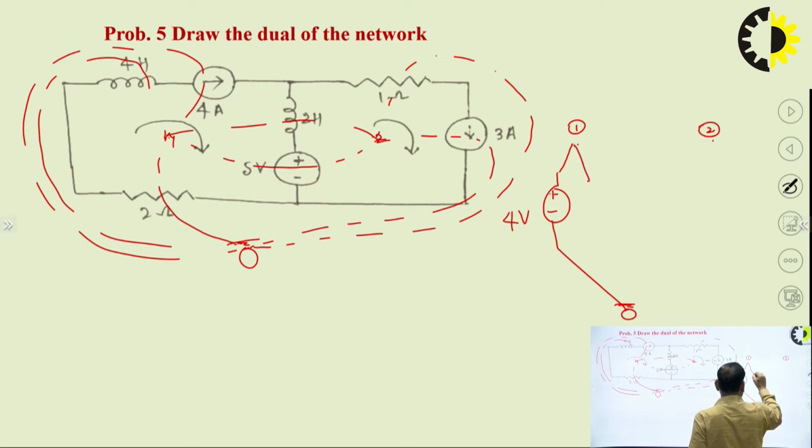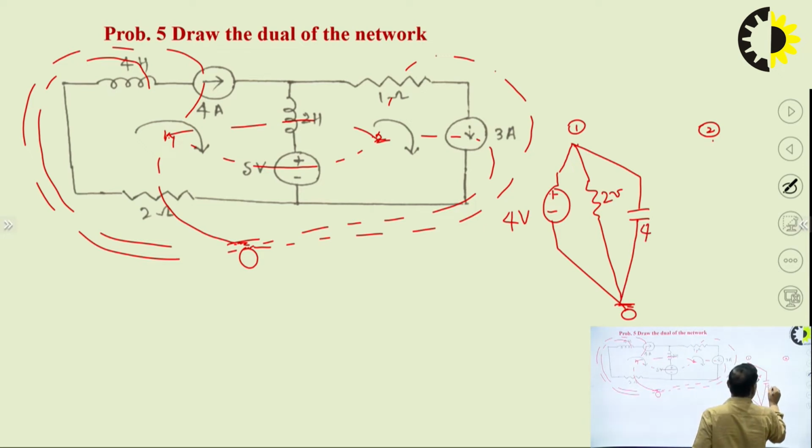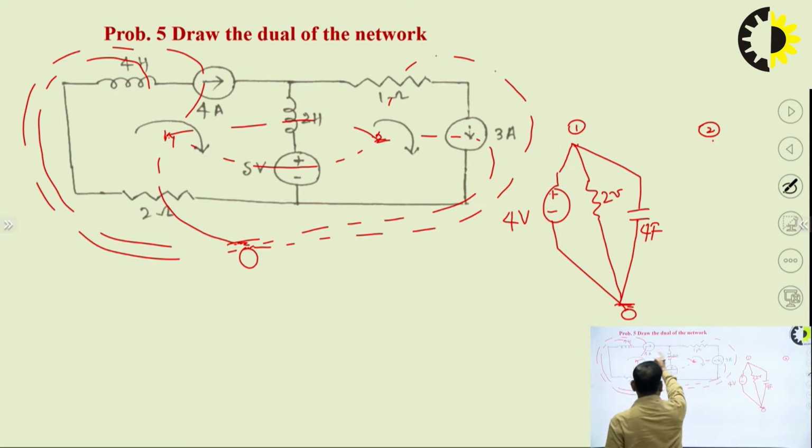So we can draw this 2 mho. Then we have the inductor. Inductor means we can have the capacitor of 4 farad. Remember, the magnitude will be the same, only the unit will be of the dual network. Look here, this is very important.